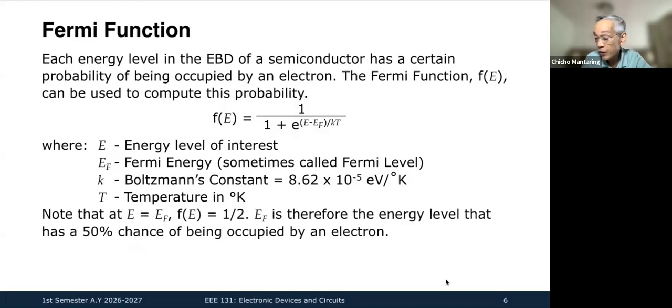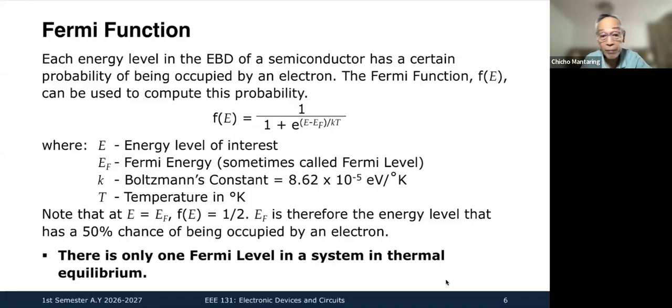Note that at E equal to EF, f of E is equal to 1/2. At E equal to EF, this is e to the 0, e to the 0 is 1, f of E is equal to 1/2. So EF is the energy level that has a 50% chance of being occupied by an electron.